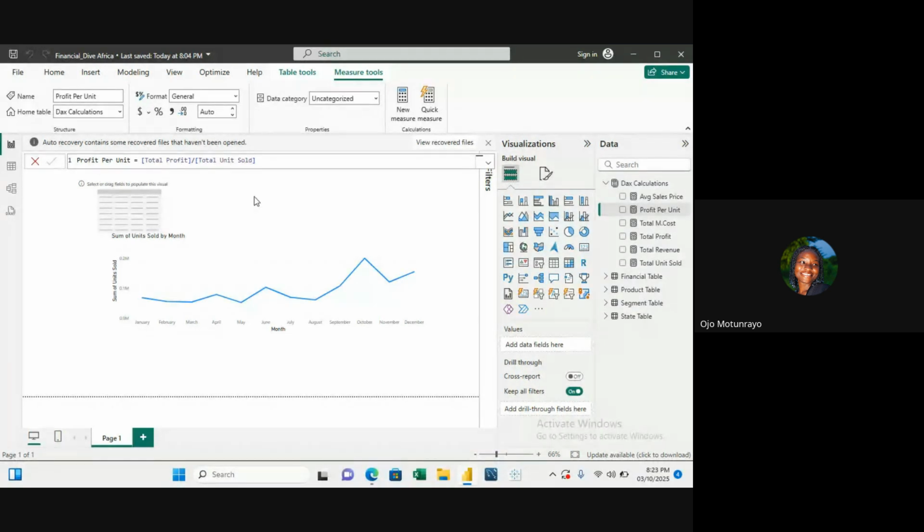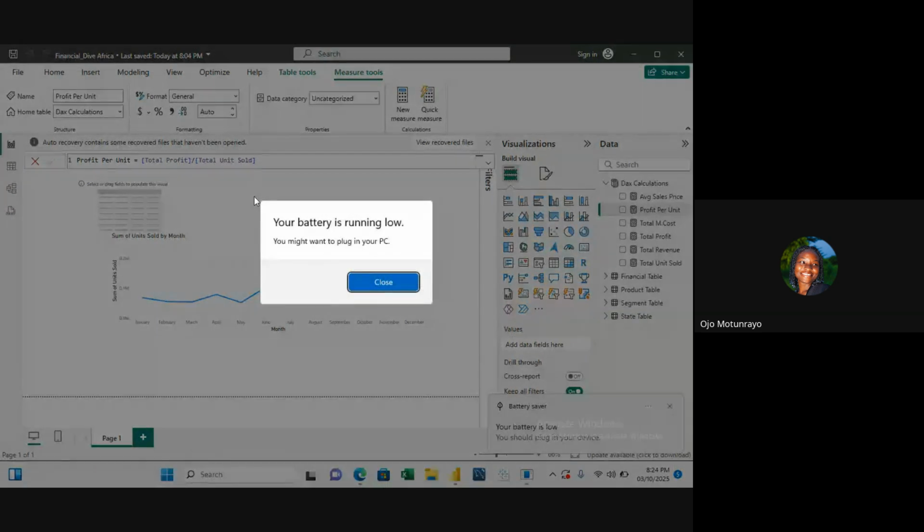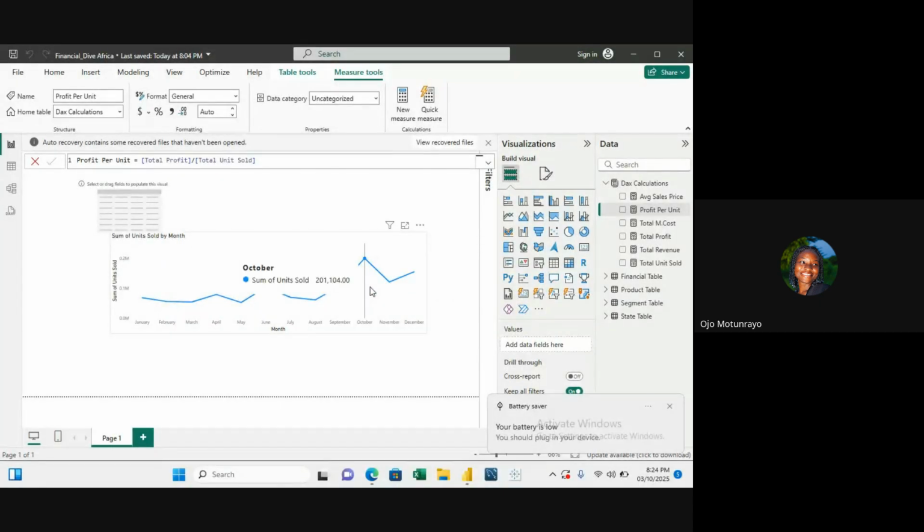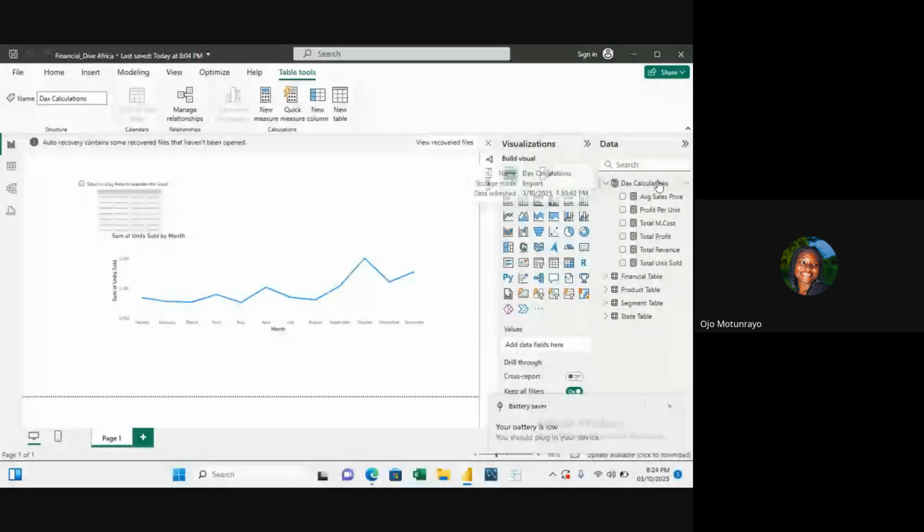The revenue minus cost of goods sold. And cost of goods sold is also total manufacturing cost.